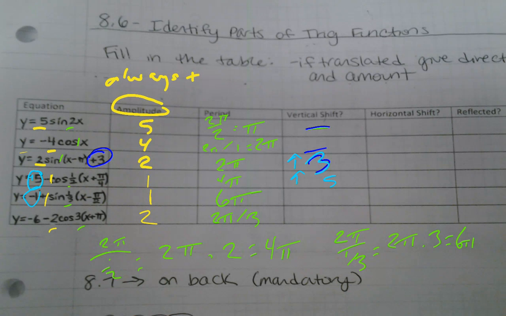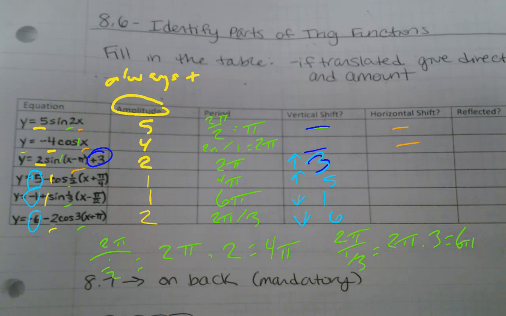The next one is a negative 1, so that means it will be down 1. And then I have a negative 6, so that means it will be down 6. Horizontal shifts will be inside your parentheses with the x. So in my first two problems, I'm not adding or subtracting anything to the x, so there's no horizontal shift.